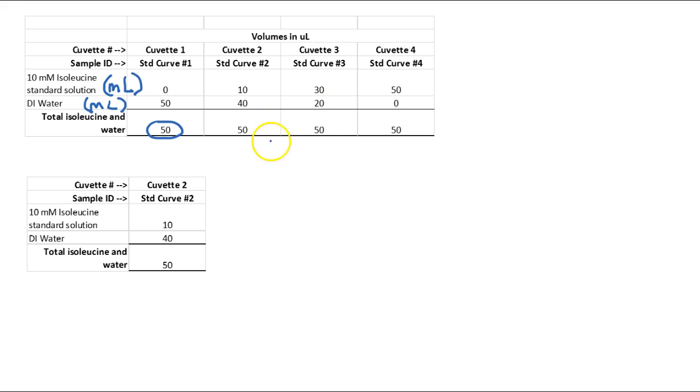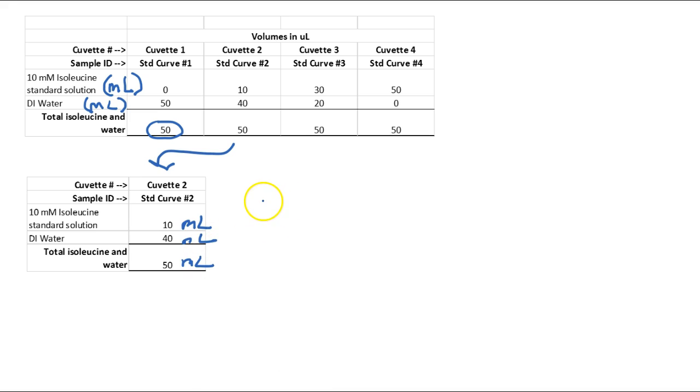So let's take that second cuvette and just talk about that one. And there we had 10 mils of 10 millimolar isoleucine and 40 mils of water, making up 50 mils total. All right. So that is a 5 times solution, right?